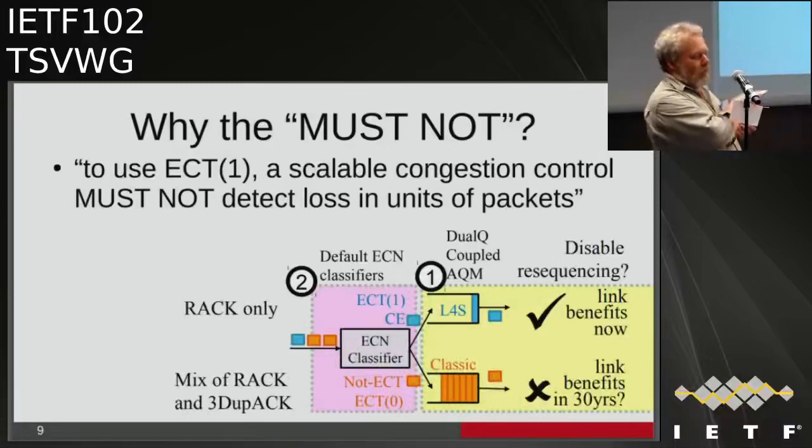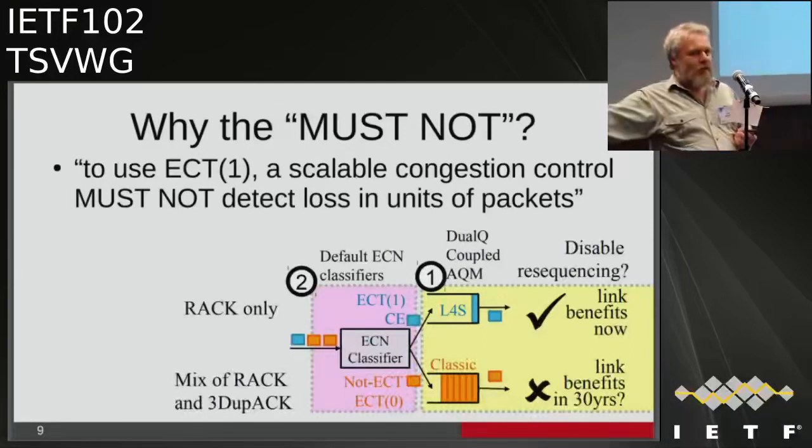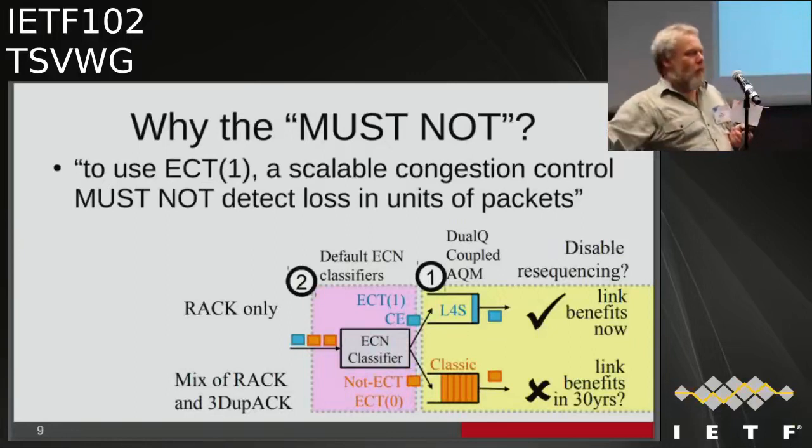And so when you've got a mix of RACK and 3-dupack TCP in the classic queue, you won't be able to get any benefits in the link layer for maybe 20, 30 years until all the old 3-dupack stuff has gone out of the system. But if we start afresh with this L4S queue and say, no, only do time-based, then we can get those benefits immediately.